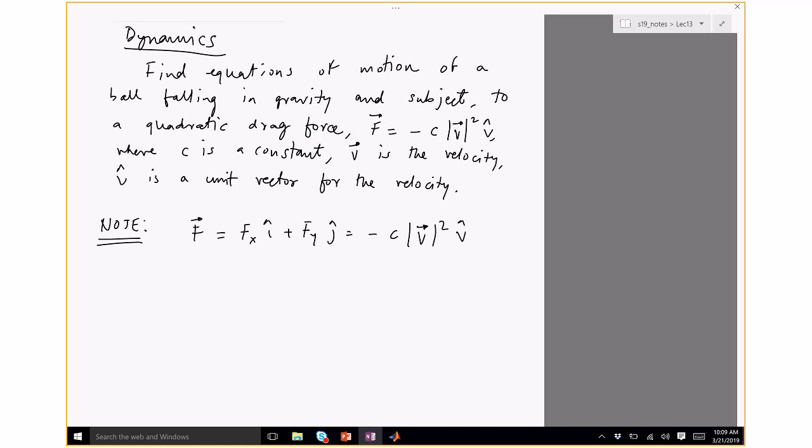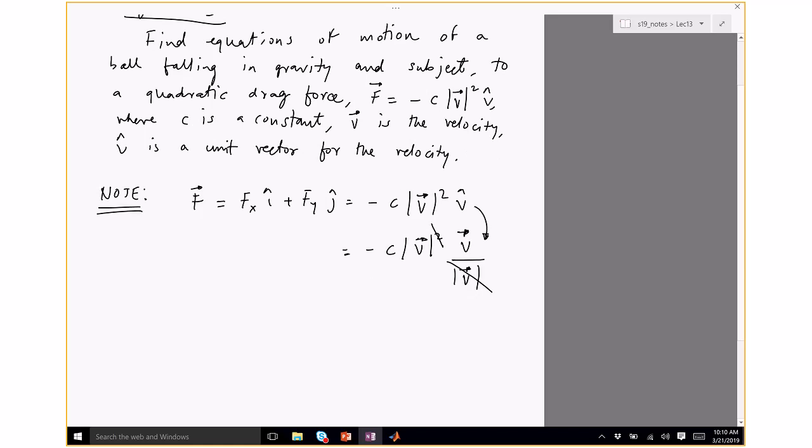First let me write the unit vector, which is v, the vector itself, divided by its magnitude. That is the definition of a unit vector. It's a vector divided by its magnitude. So I can effectively eliminate one of those magnitudes. So I'm left with minus c times v magnitude times the vector.